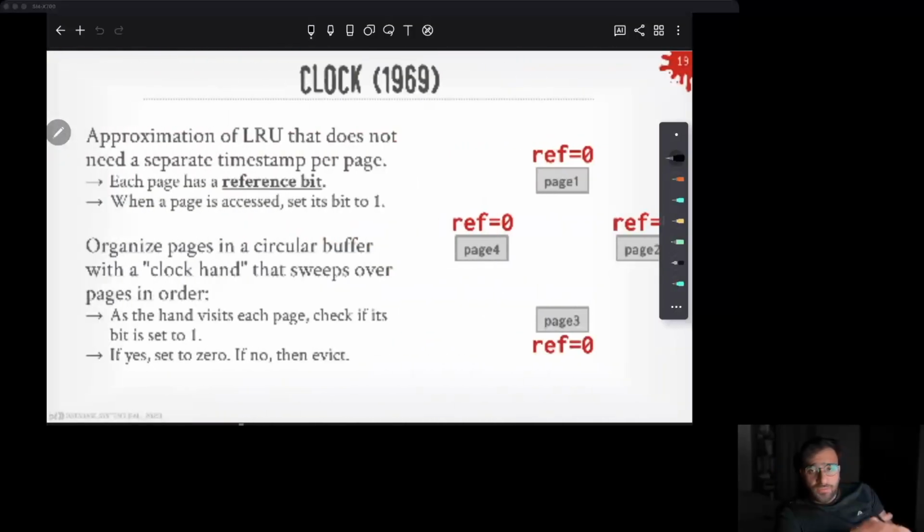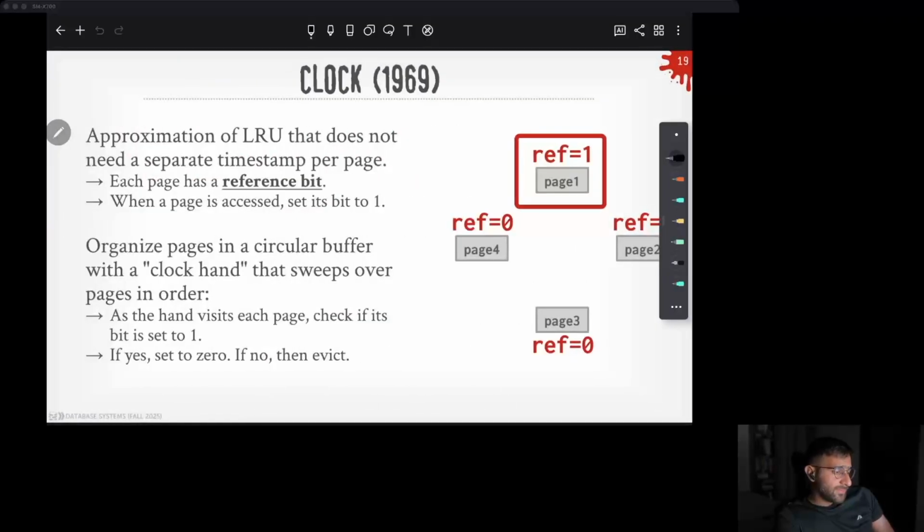Then we saw the clock algorithm, where you start with reference bits at zero and maintain a logical clock which goes around all the pages. As it finds any page that was not accessed since the last time it came around, it swaps the page out. If it finds a reference bit set to 1, it turns it back to 0.